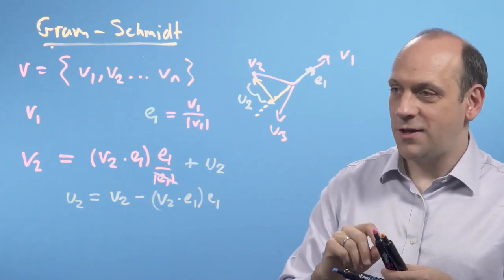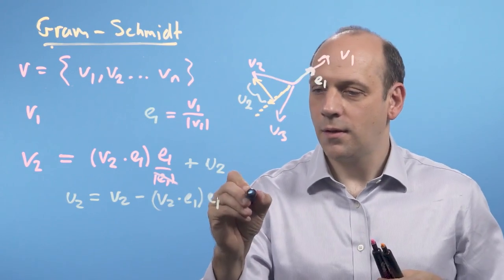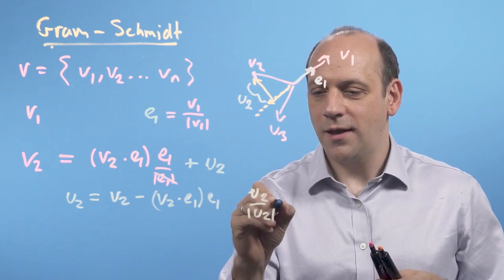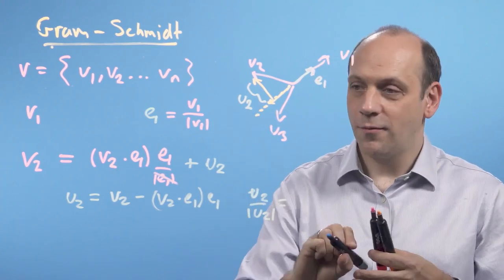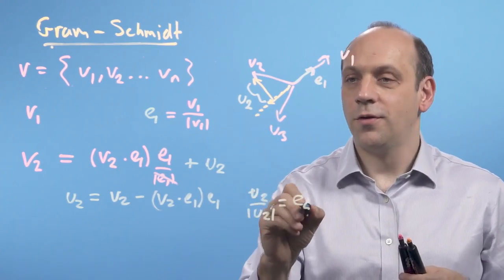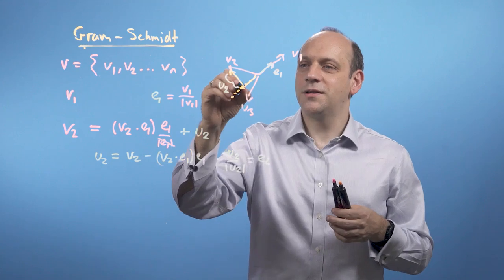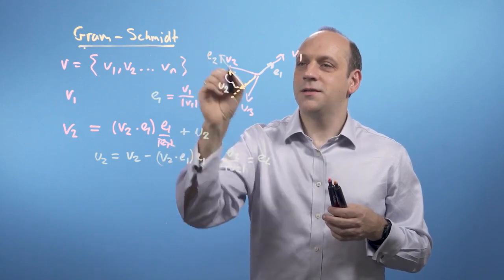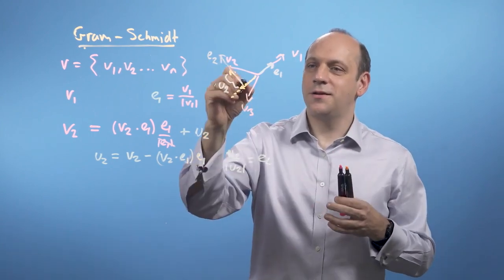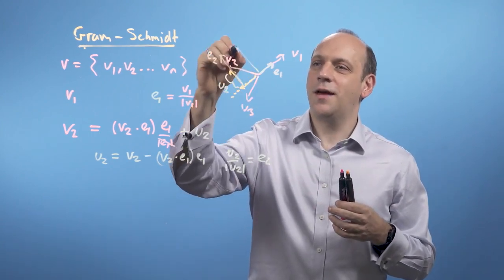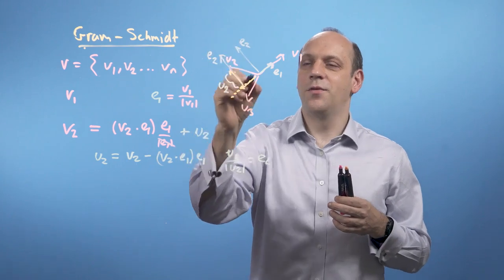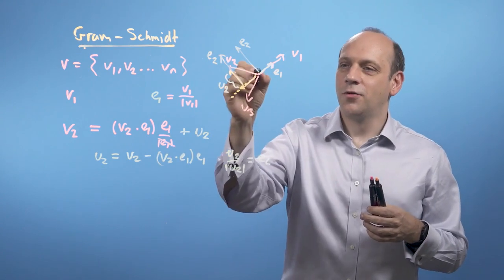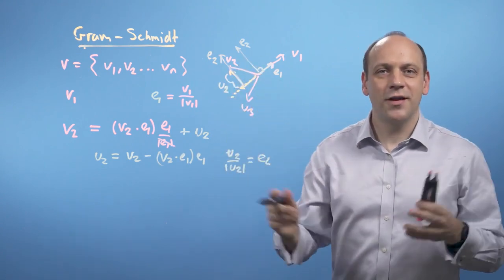And if I normalize u2, if I take u2 divided by its length, then I'll have a unit vector which is going to be normal to v1. So if I take a normalized version of that, that will be E2. And that will be at 90 degrees to E1, so it'll actually be there, E2, once I've moved it over. And that will be another unit length vector, normal to E1, so that's the first part of making an orthonormal basis.